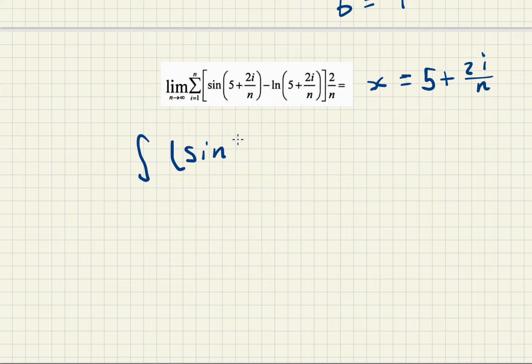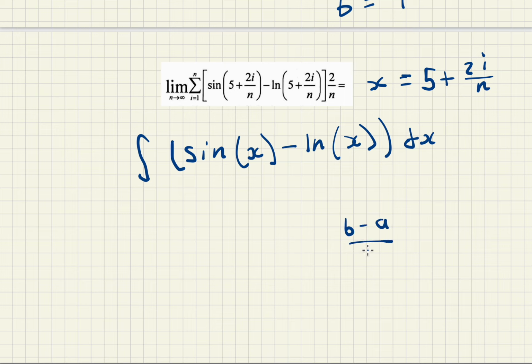So we have sine of x minus natural log of x dx, right? This is our height. Second step, b minus a over n equals our height. Our height is 2 over n because it's a constant over n. And a in this case should be 5, right?